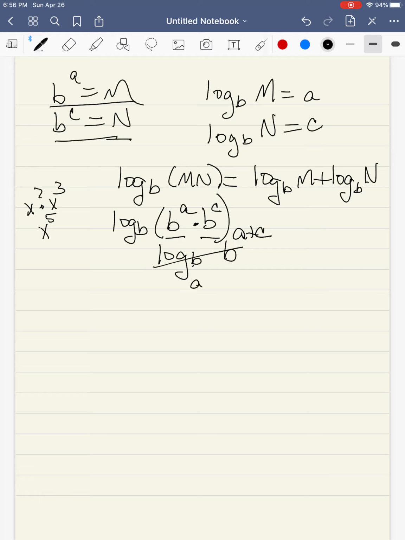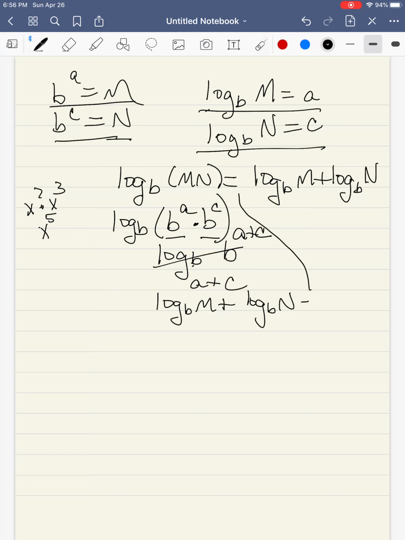So we're left with A plus C. That's where this comes in. A is the log base B of M plus C is the log base B of N. And there we have it. We just proved that law of logarithms. Okay, that's the product rule.